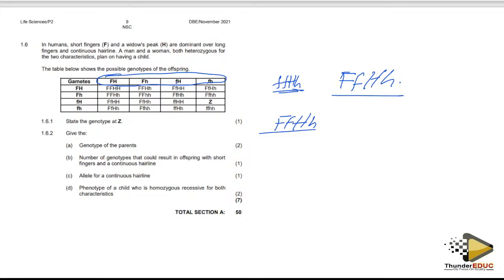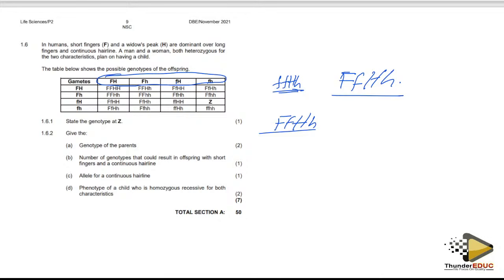Let me underline this. They're saying short, but short, what did they say? Short is the capital F, it is dominant. So I'm going to look for anywhere I have capital F. Then they're saying fingers, continuous hairline. Continuous hairline, we say that is recessive, meaning small h.